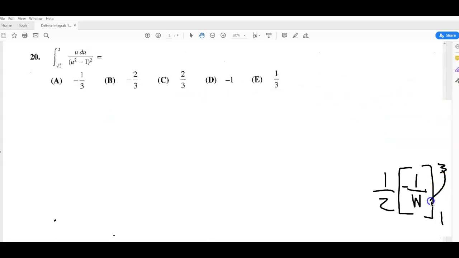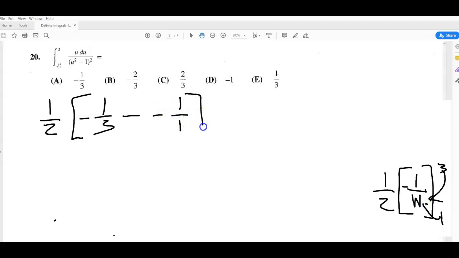So if I plug in the 3, I get that, minus, then we'll plug in the 1. So these are going to become plus, and in order to put those together, we're going to need to get a common denominator here.